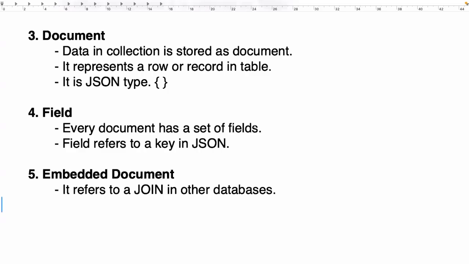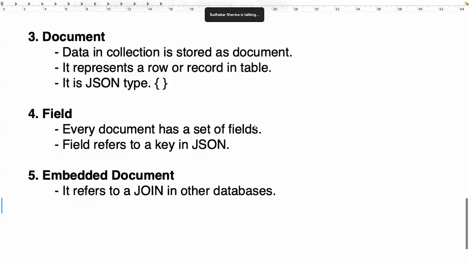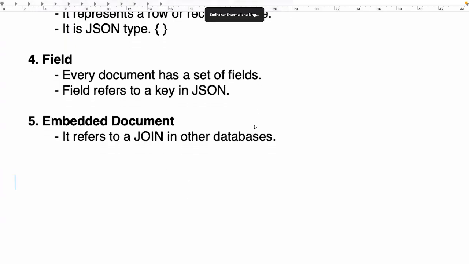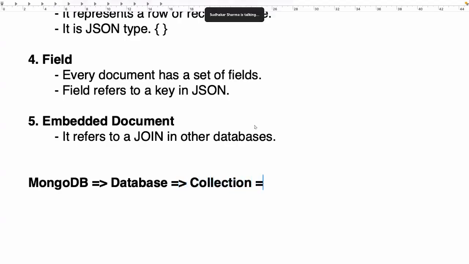So these are the key concepts. What is the basic hierarchy? We have MongoDB. It has a database. In the database, you will have a collection. In a collection, you will have documents. That is the hierarchy.